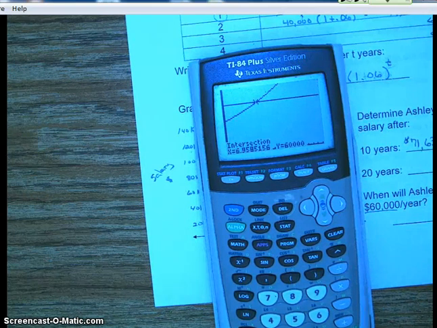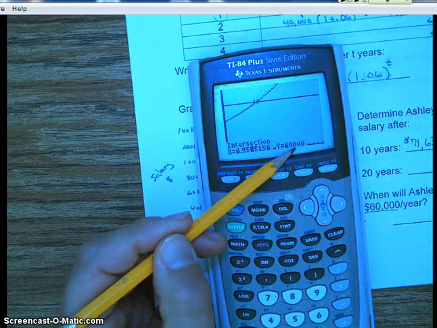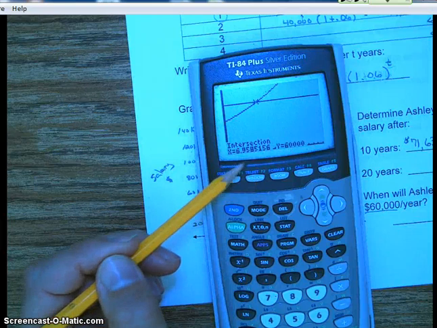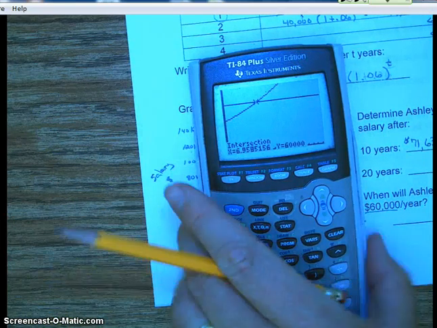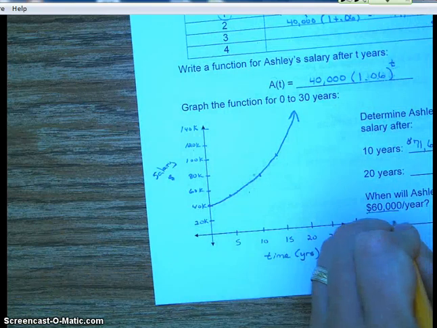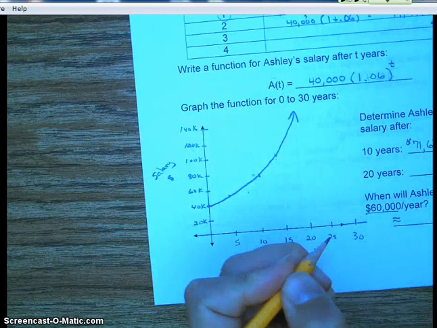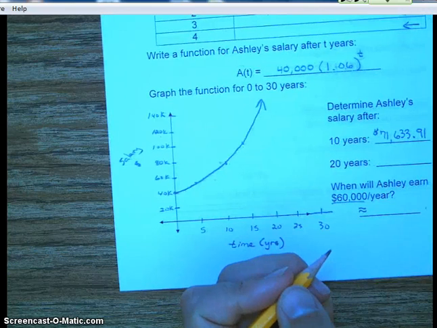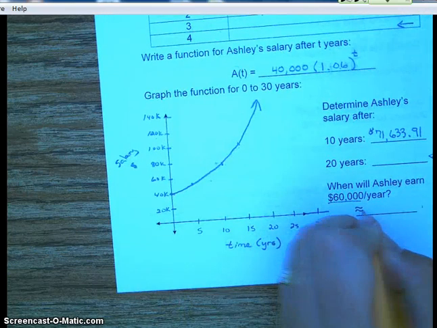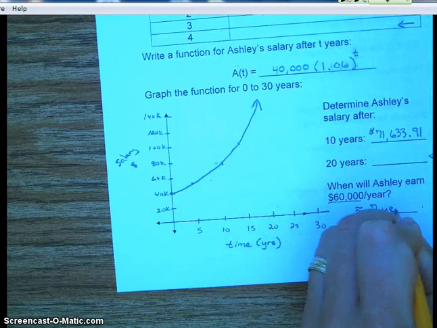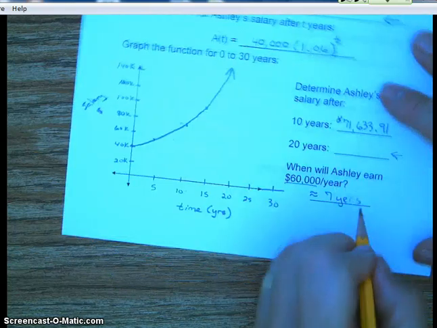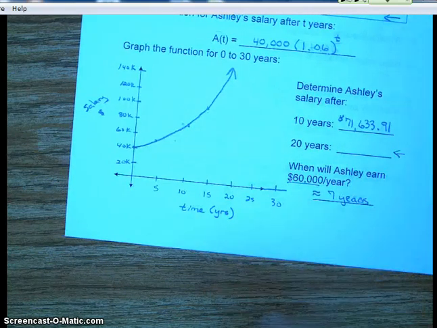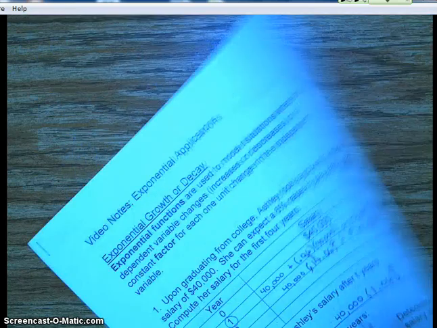So it looks like to get a $60,000 salary, it's going to be almost 7 years. Since she doesn't get her salary until the year is up, I'm just going to go ahead and do 7 years. Okay, let's turn the page.